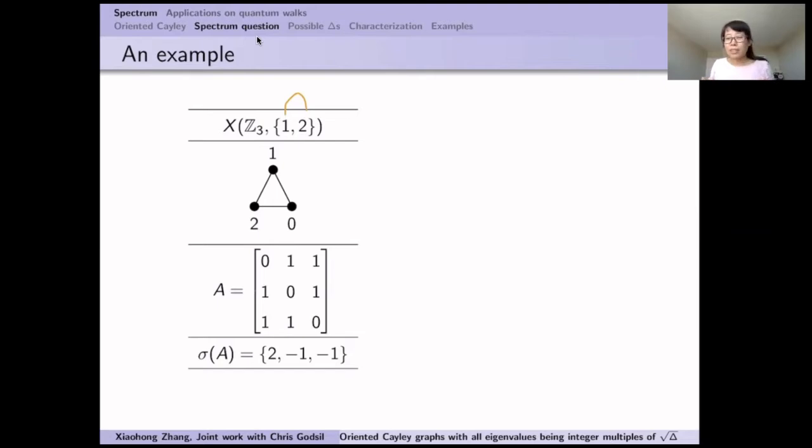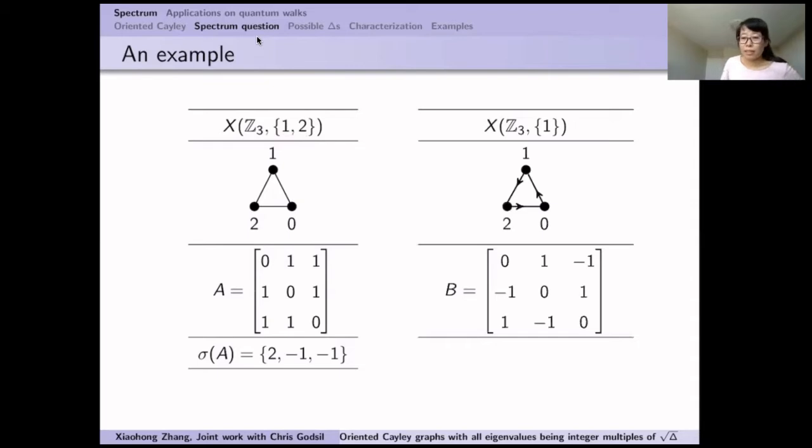To have an oriented Cayley graph, remember if g is inside, minus g must be outside. So we could take at most one of them. Let's just take 1. We will have an oriented 3-cycle. That's the skew-symmetric adjacency matrix. And it does work. Delta equals -3.